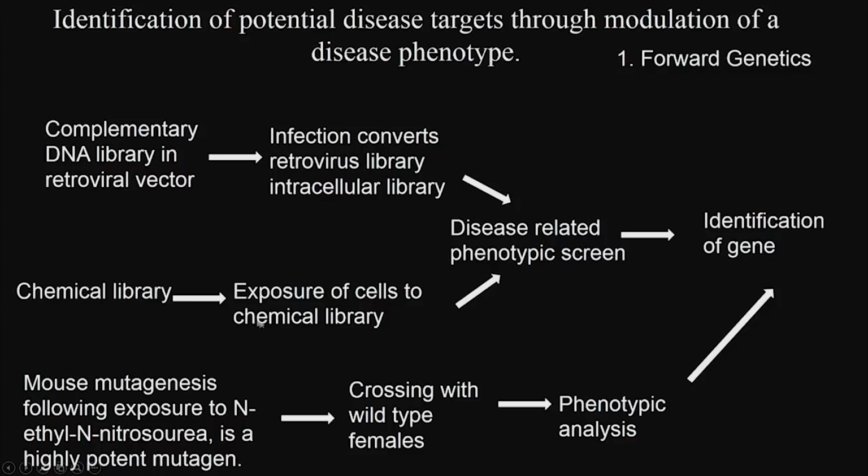Then we have a chemical library; we expose these cells to the chemical library, and from there you identify the gene. Simultaneously we can have mouse mutagens, and from the phenotypic analysis we can identify the gene. This is called the forward approach. That means you create a particular perturbation and then study it.